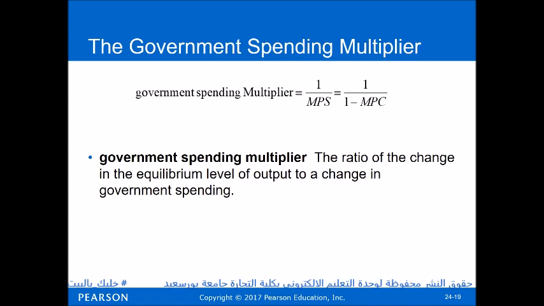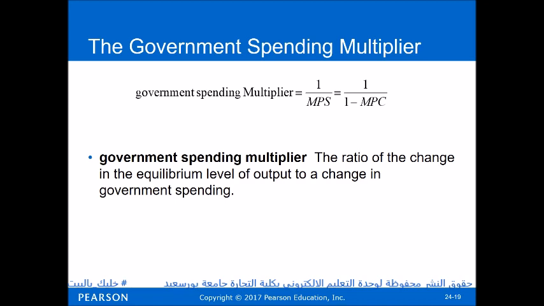So we can write down the government spending multiplier equal to 1 divided by MPS, which is also equal to 1 divided by 1 minus MPC.